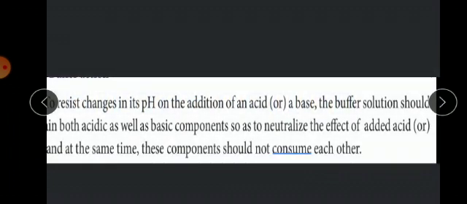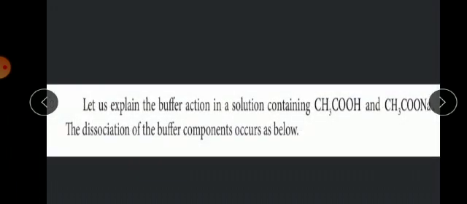To resist the changes in its pH on the addition of an acid or base, the buffer solution contains both acidic as well as basic components so as to neutralize the effect of added acid or base, and at the same time these components should not consume each other. Let us explain the buffer action in a solution containing CH3COOH and CH3COONa.